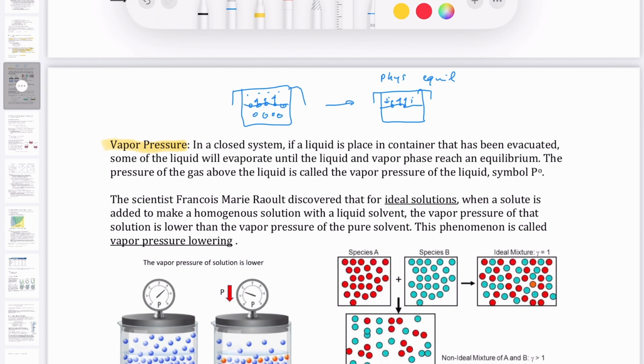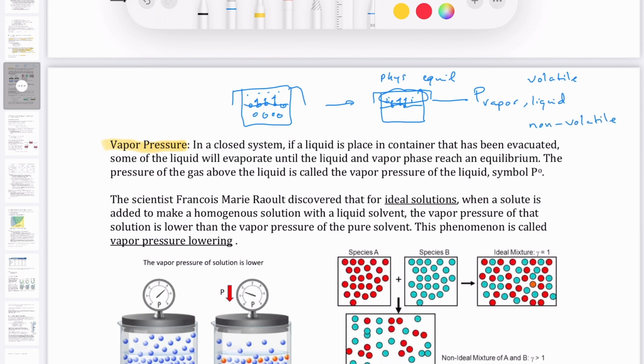At that point, you can measure the pressure that exists on top of the liquid, and that's what we refer to as the vapor pressure of the liquid. Every liquid has a certain amount of vapor pressure. Liquids that have higher vapor pressure at a given temperature are called volatile liquids, whereas a liquid that has very low or no vapor pressure at a certain temperature is called a non-volatile liquid.